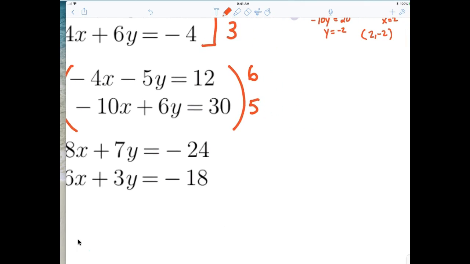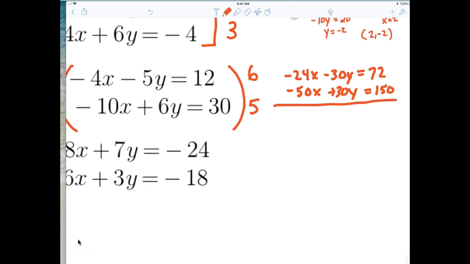All right, Maxine, tell me. It would be negative 24x minus 30y equals 6 times 12, it would be 72. Good. And then negative 50x plus 30y equals 150. Yes, good job, kid. Okay, and so the 30s cancel.